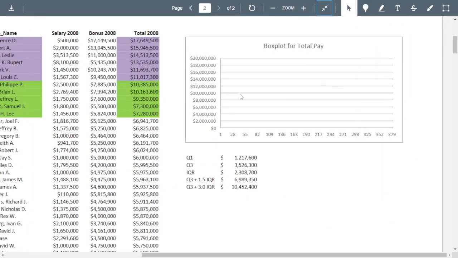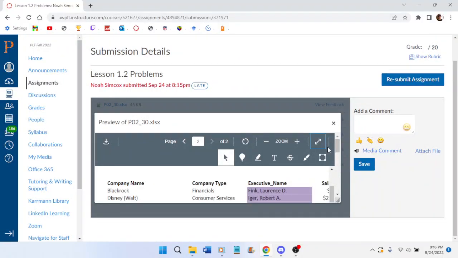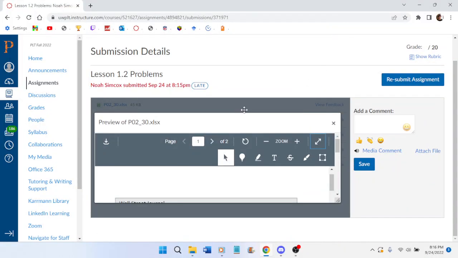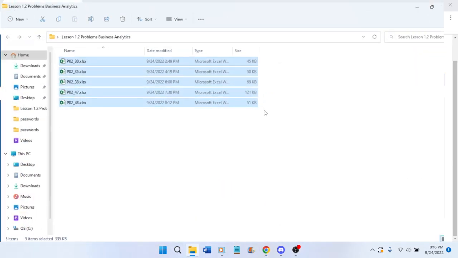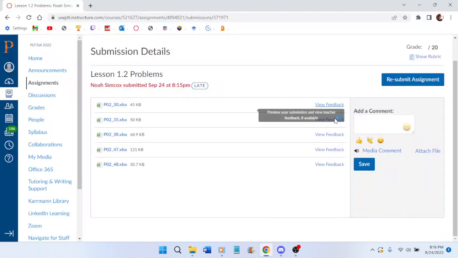Yay, that's totally messed up. That's not what it looks like. Okay, it's not going to look like that. I'm just going to open all these up and look at them, because the preview does not look right. Stop!